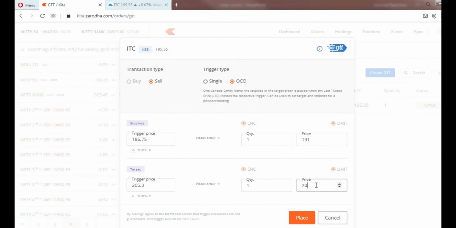Now the next step is the trigger price. For the stop loss, the trigger price should be higher than the limit price, that is 191.5, and for the target, the trigger price should be lower than the limit price, that is 239.